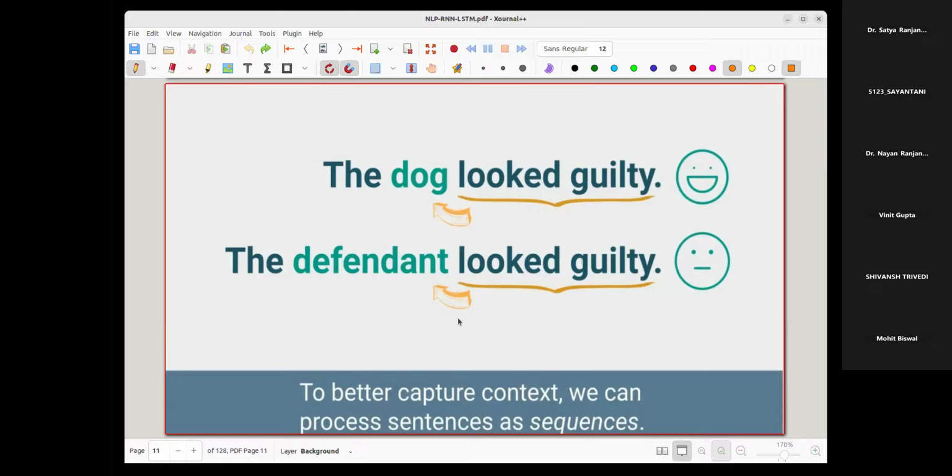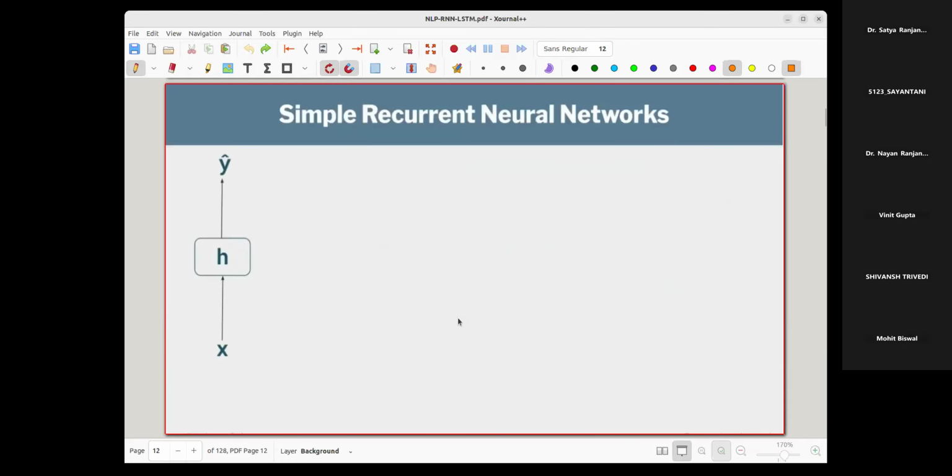So to understand the meaning of a particular word in a more appropriate way, we need to understand the context of these words. To solve these three problems, your sentence or document should be processed sequentially one after another, word by word from left to right. Okay, so to do that, what do we need? We need a different kind of neural network. That is called a recurrent neural network. Let's see what it is.